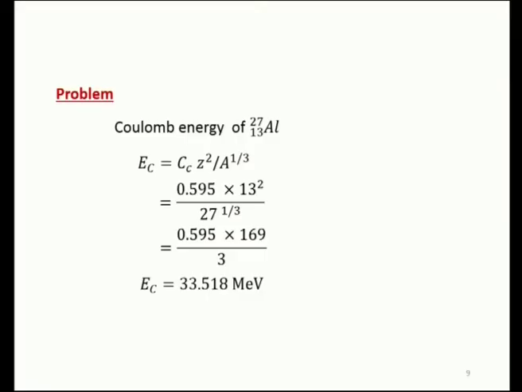Now we will check in the next one. We are calculating the Coulomb energy of aluminium 27. 13 is the atomic number of aluminium and 27 is the mass number.